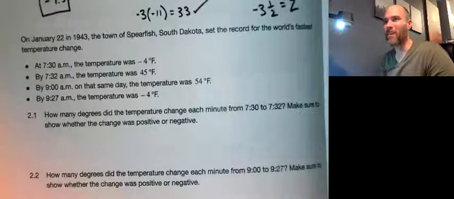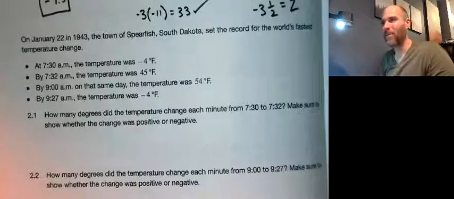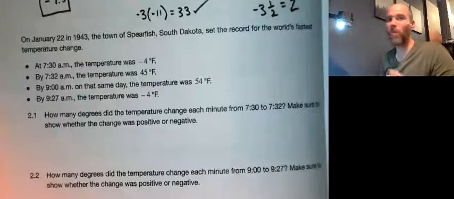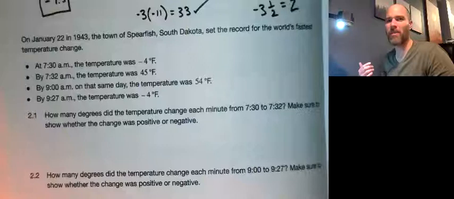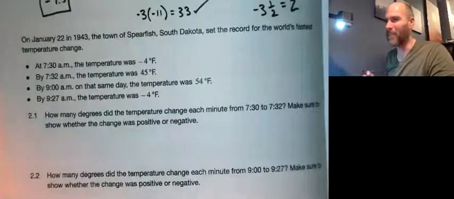And then by 7:32 a.m., literally 2 minutes later, the temperature was 45 degrees. So it went from below zero, which is way below freezing, because remember, freezing for Fahrenheit is 32 degrees, to 13 degrees above freezing in 2 minutes. That sounds fake to me, but I guess I'll believe it because it's in the book.